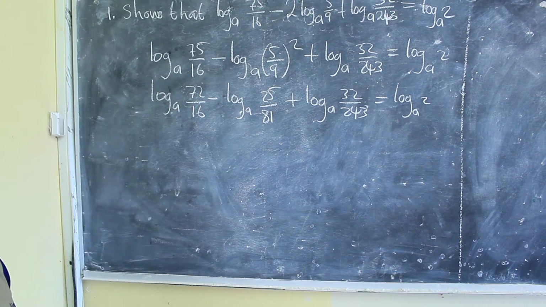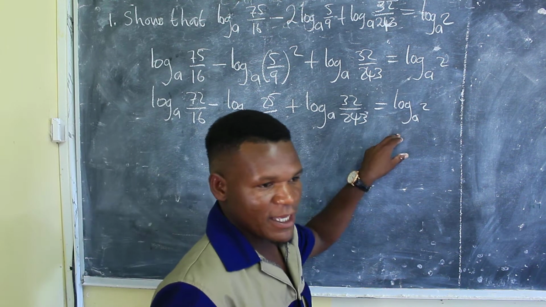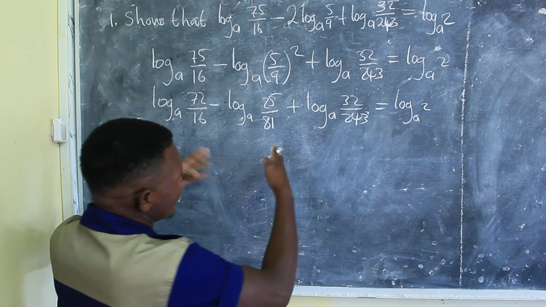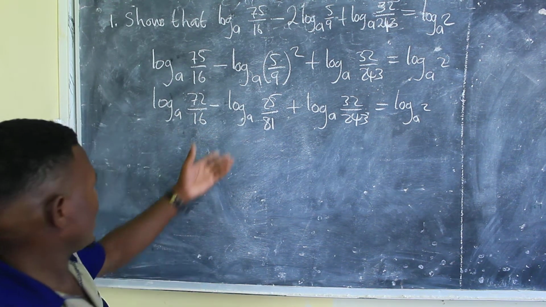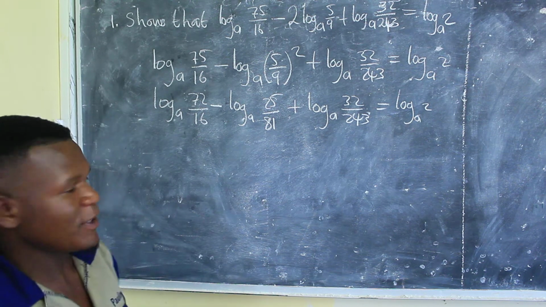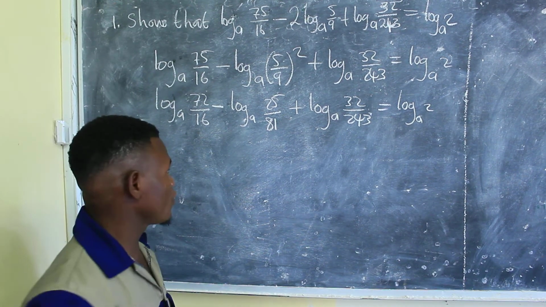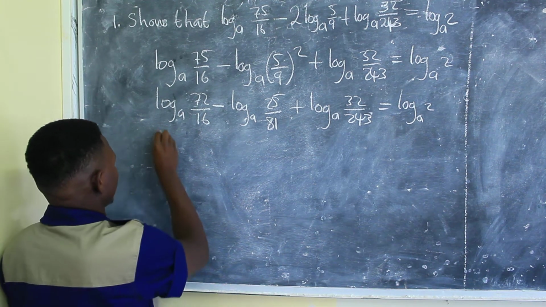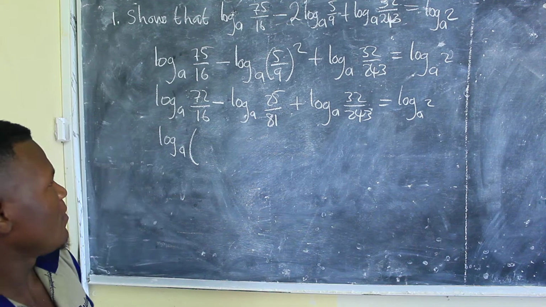What is next? This one is in a single form, which means I must also write this in a single form, but step by step. I start with this one. When you see a minus in between logarithms, the rule says that you need to divide. Log base A, open bracket.